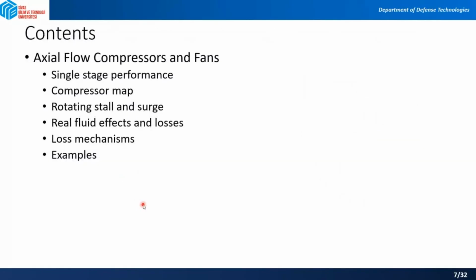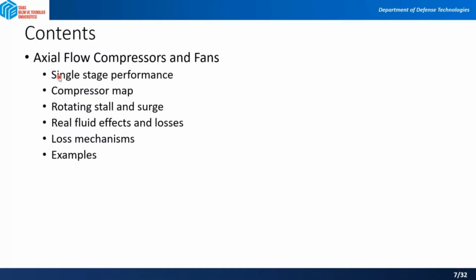Now let's start our discussion about today's session. Today's session is about the performance of a single stage. Stage, as we said, is a rotor and a stator in a compressor.